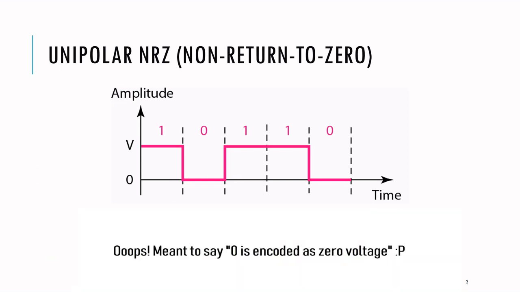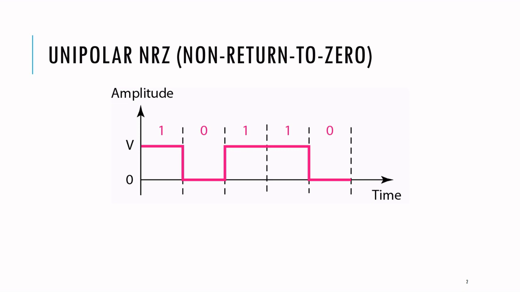And I'm just going to explain the graph a little bit here. So of course we are graphing amplitude versus time. So you have time on the x-axis and amplitude on the y-axis, all right? And then you have bit duration set for each of these bits. So your data is 1 0 1 1 0, and you see these vertical lines.